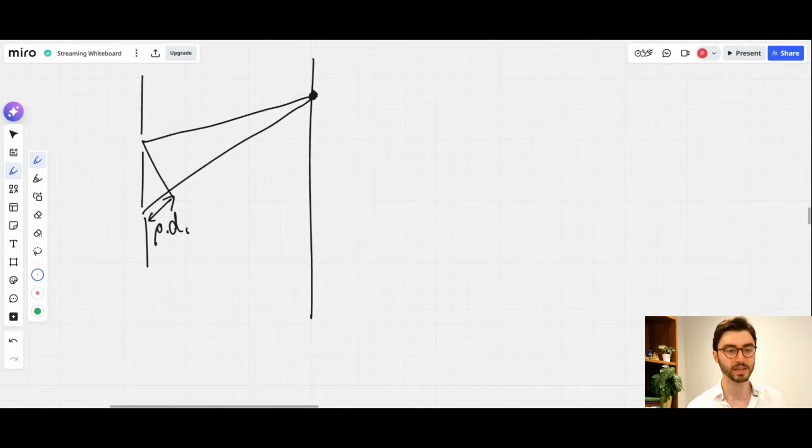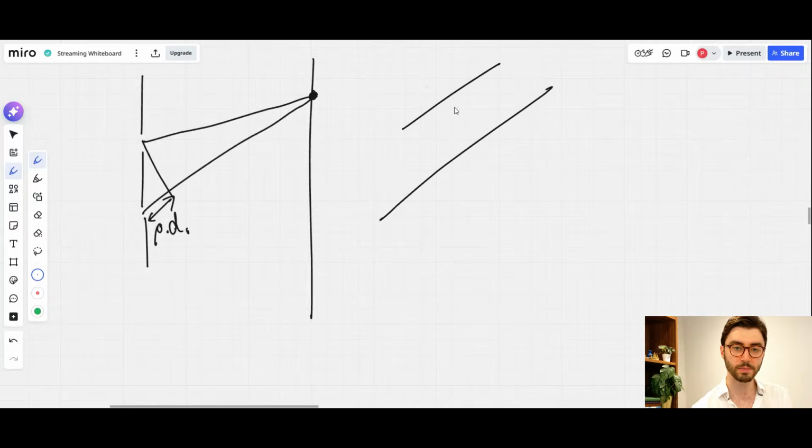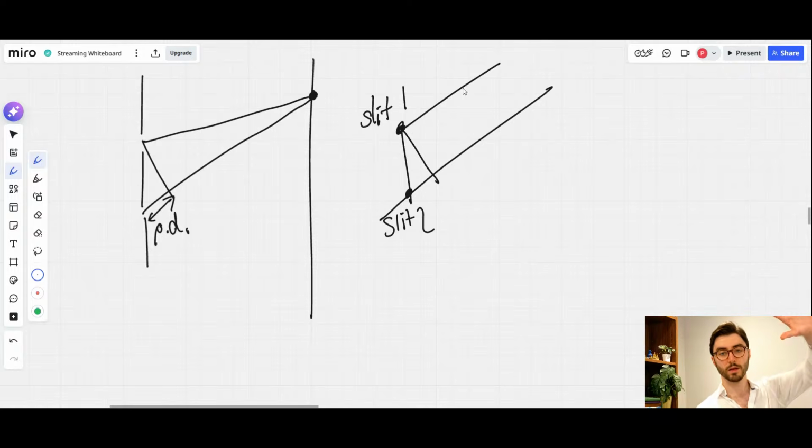So there's a path difference in the two beams, and that path difference causes a phase difference. Now, showing you what happens here, if we draw those two beams as roughly parallel, where these would be the two slits, slit 1, slit 2, this is creating two parallel beams.